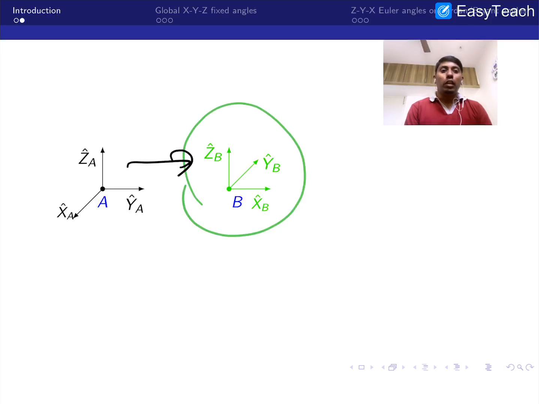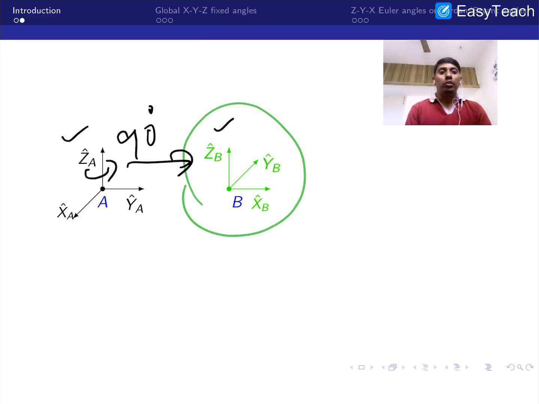But if you look closely, you can see that ZB and ZA are parallel. If you rotate about ZA by 90 degrees, then you get this.